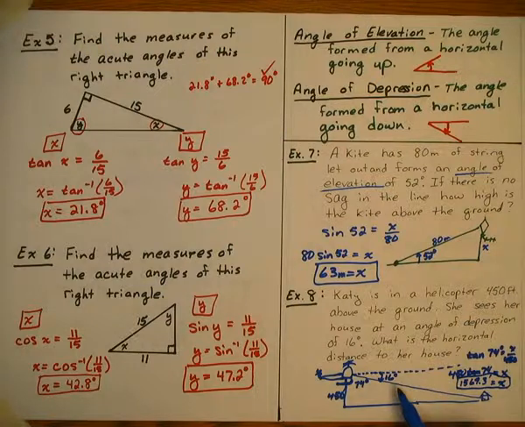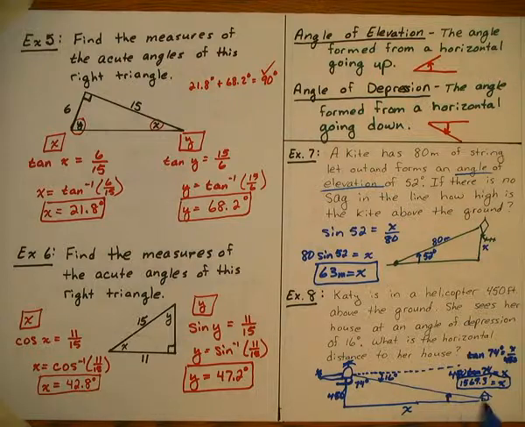Now, one of the other things to remember from geometry is that this angle of depression and this angle right here, which is called your angle of elevation, notice that these two angles form what are called alternate interior angles.